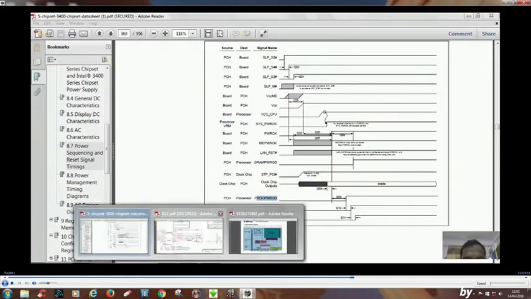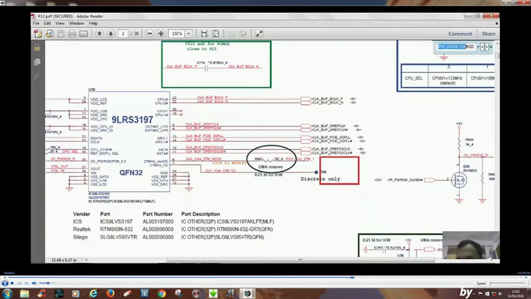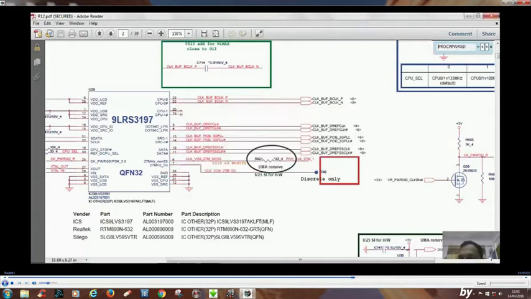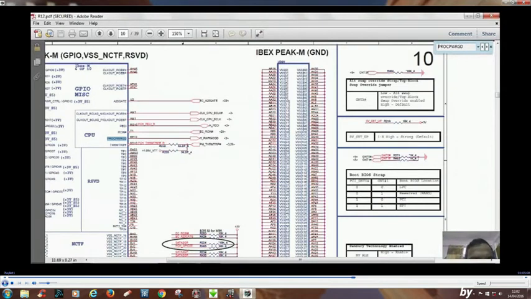After this step, the PCH will provide the processor power good signal, proc power good, PROC_PWRGD, and you can see over here this signal is generated by the PCH. This is H power good, and this H power good would be going to the CPU.